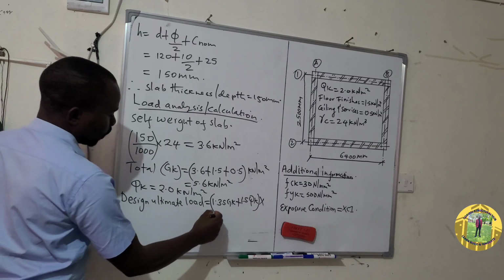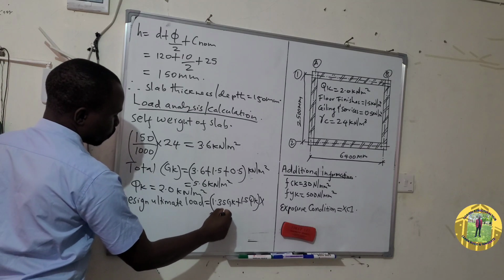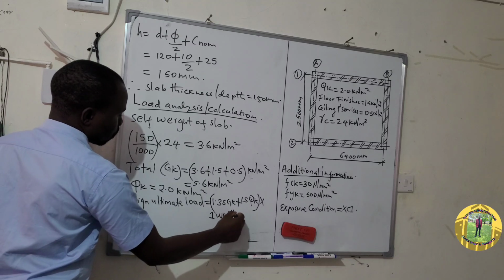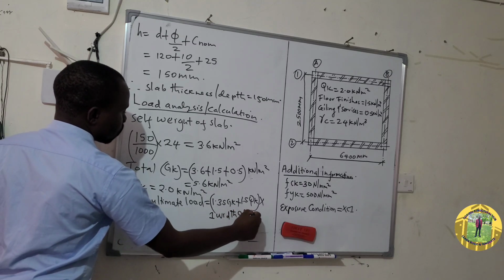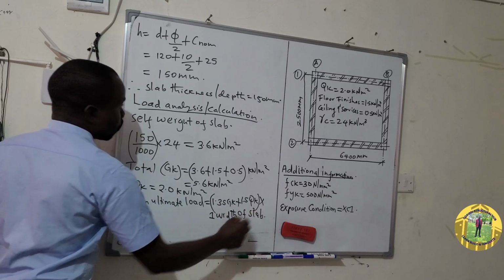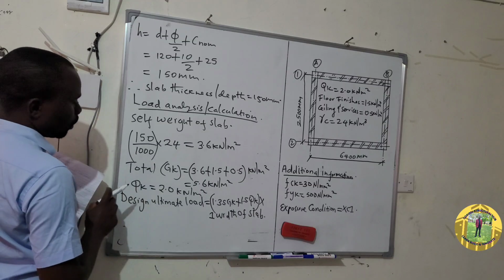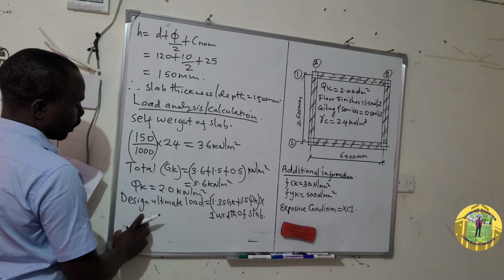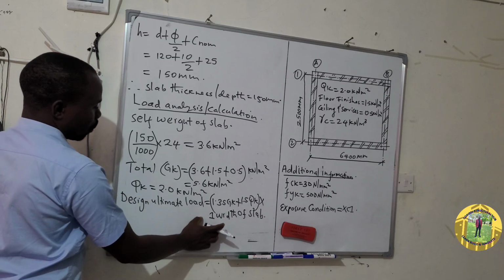So times 1 meter width of slab, because we are designing this slab in a 1 meter width strip.